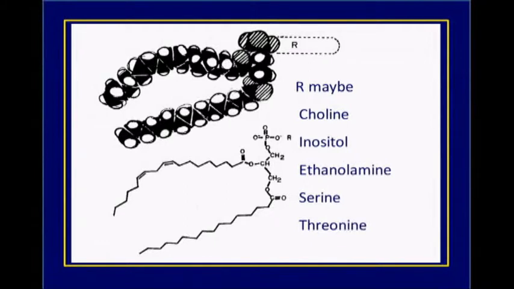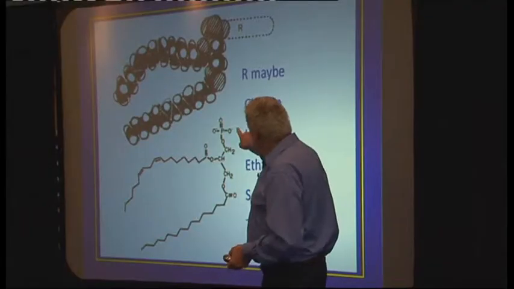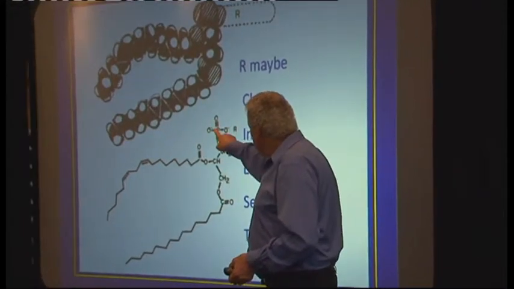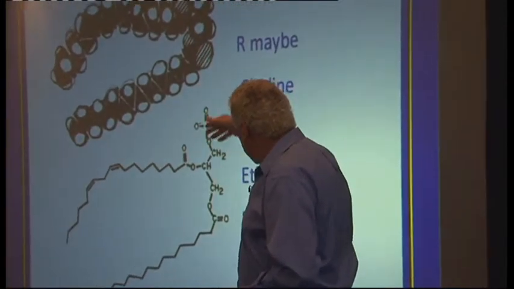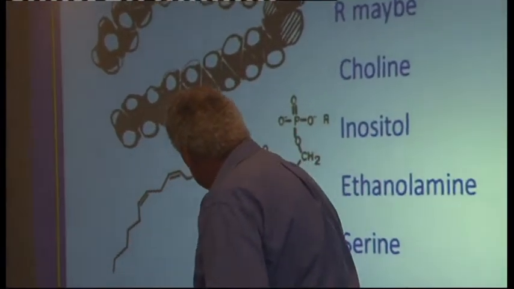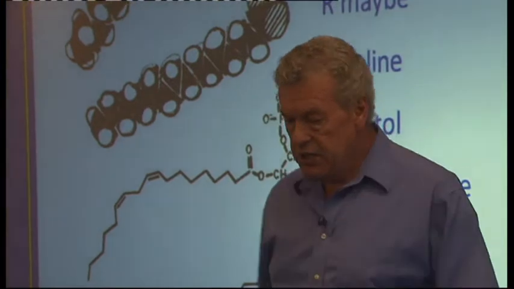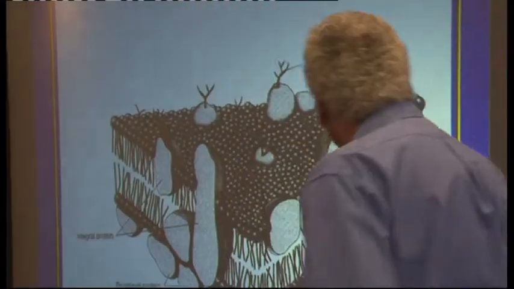And inositol with the red people. Ethanolamine, serine, threonine, and there's a number of other phospholipid structures or groups which are attached here. But the phosphate group here, and that's the bit that attaches, and then you've got the C1 and the C2 position. One of them is unsaturated and one is saturated.